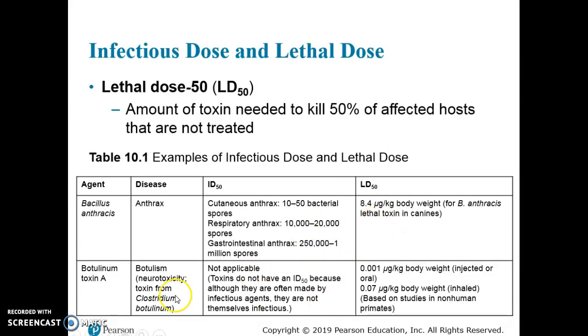All right, here on the bottom row, you've got botulism toxin A, botulinum toxin A. All right, this is one of the most toxic toxins out there. How toxic is it? All right, it's very toxic, and it is a neurotoxin, so it's going to affect your nervous system, and it's going to be the opposite of tetanus.